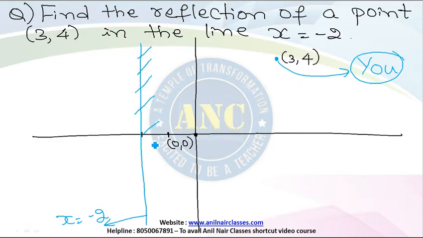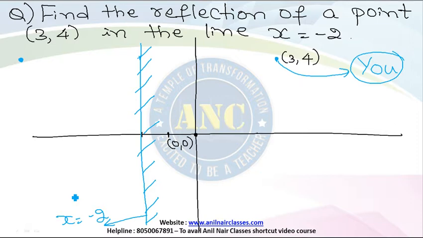You are standing at the point (3, 4). You are looking into the mirror. Somewhere at this point you should get your image, right? What is the coordinate of this point is the question. I believe you are able to understand.